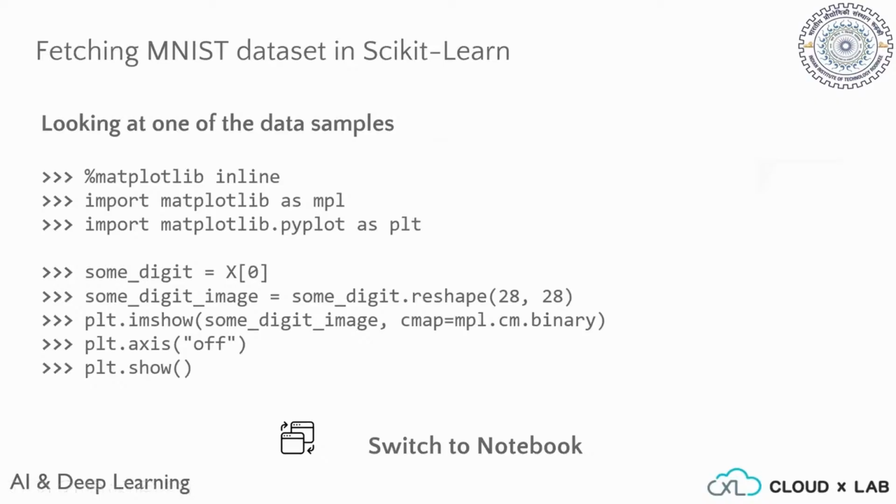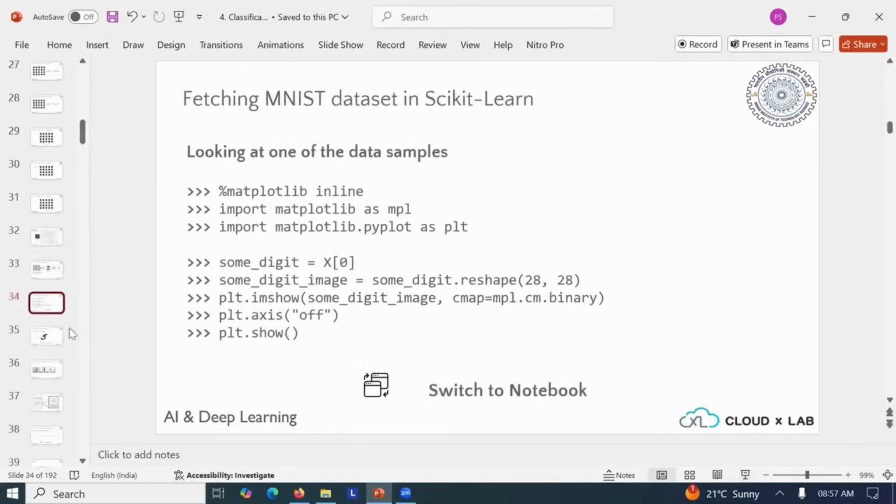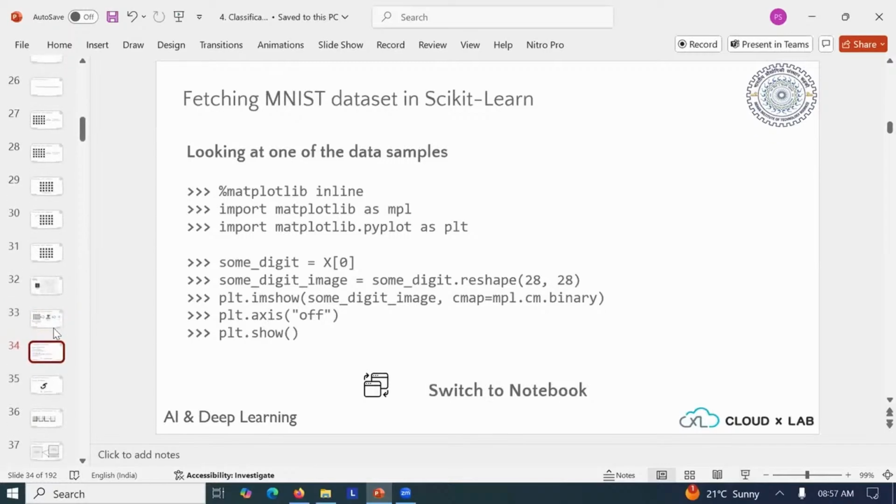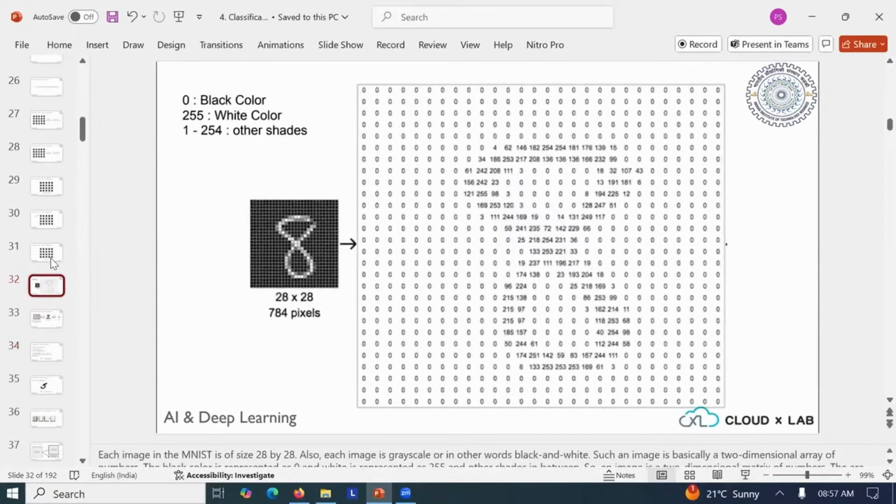You can also plot any image. Because we have now converted images into a row vector, originally we had a 28 by 28 image, but after arranging this 28 by 28 image row-wise, we finally get a row vector of size 1 cross 784, right?